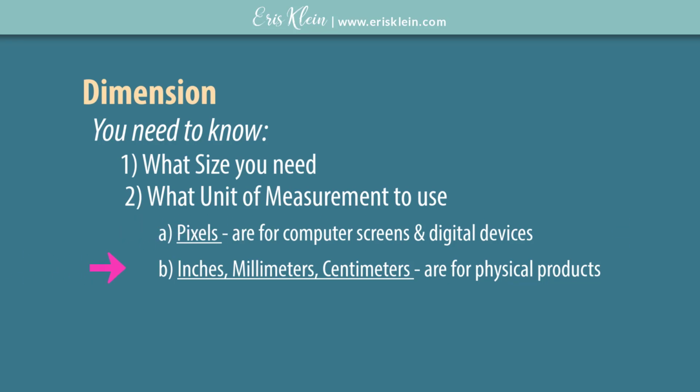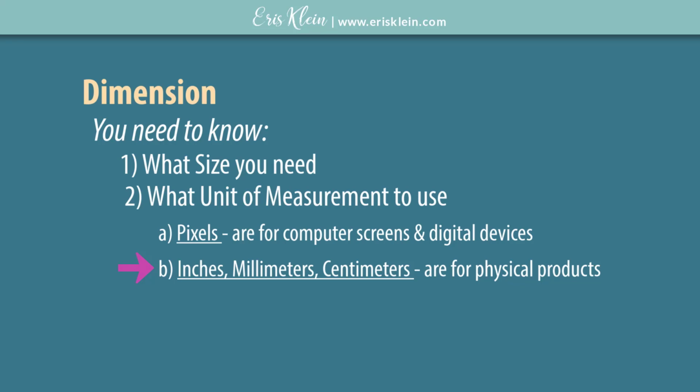And then inches, centimeters, or millimeters from the metric system, those you're going to use to measure physical objects like a fine art print or a t-shirt or a mug. So keep that in mind.